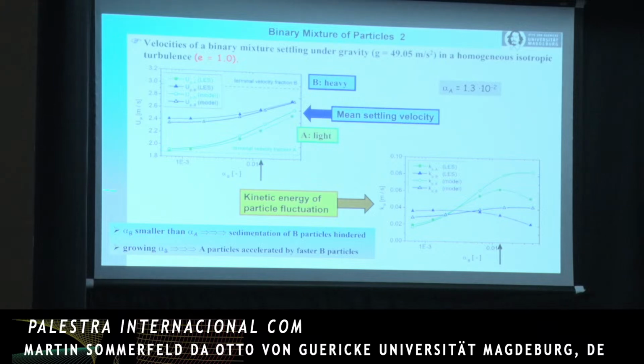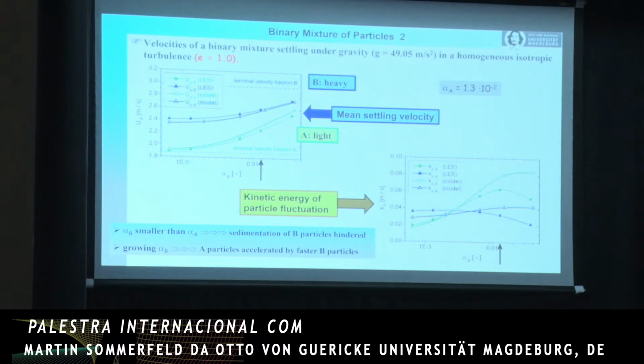So what happens now? Why is particle B slower than the terminal velocity? Particle B collides very frequently with particle A. So it's hindered in settling by collision. But then when you increase volume fraction B, you see that both velocities tend to approach the B velocity, because the particle number density of particles B is increasing.